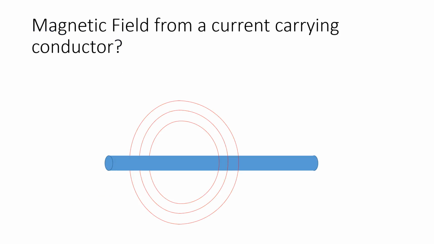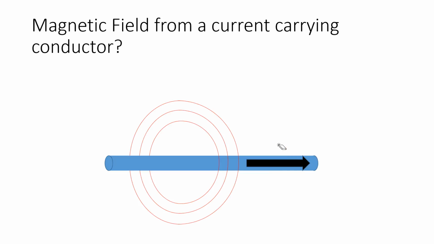So if we look at a straight current carrying conductor, let's say the current is going in this direction, then what is the direction of the flux?